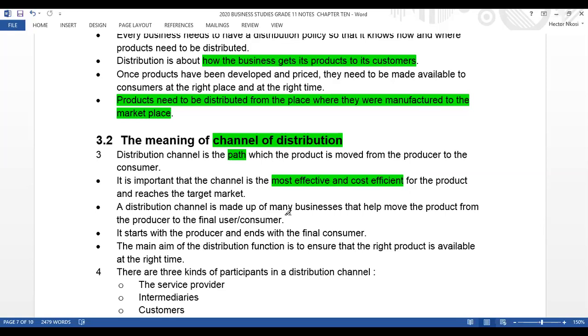Very, very important. If you were to sit down, each and every business that sells products has a distribution channel. For example, my aunt sells clothes, but she normally stocks in China, and whenever she places an order, her goods come with an aeroplane. There's someone she meets at OR Tambo, which is our biggest airport in South Africa.